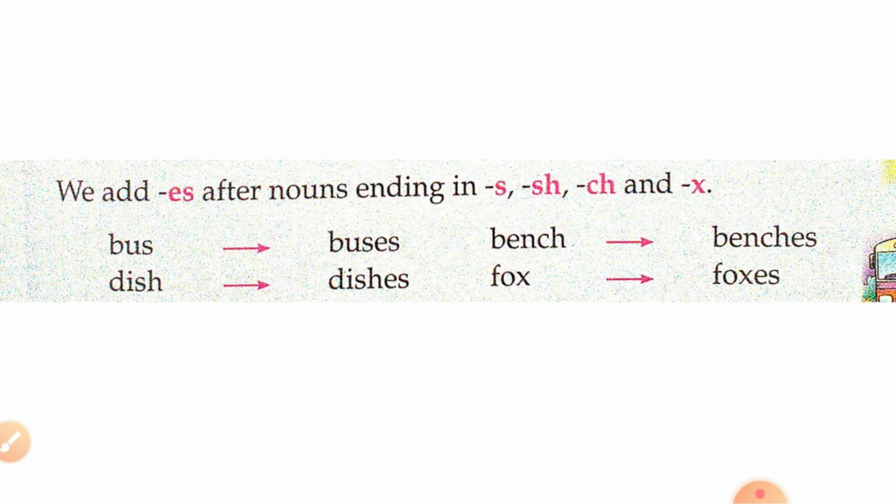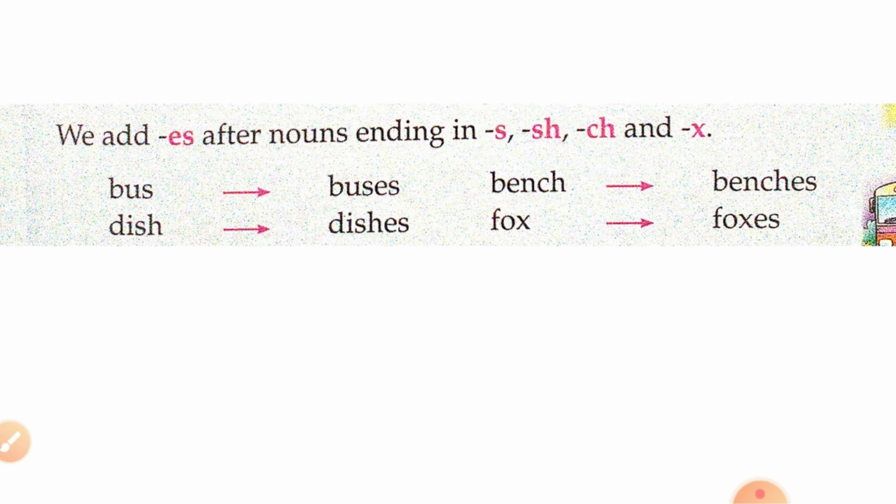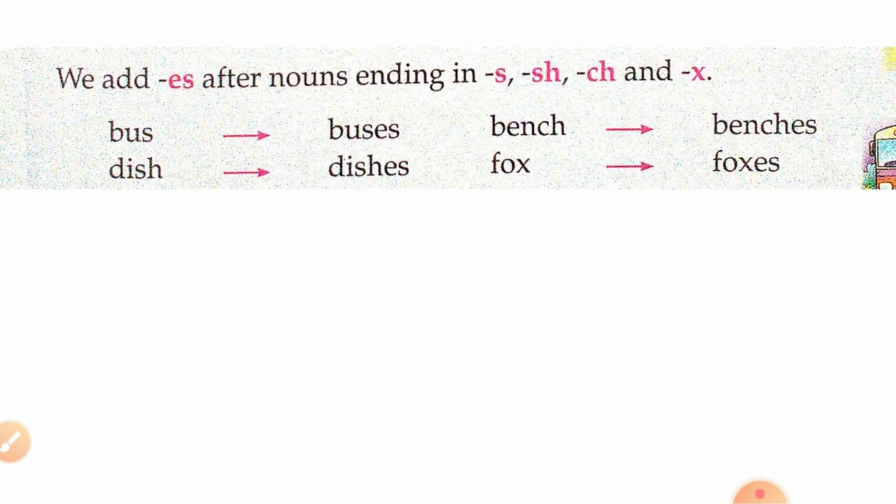This is a noun. Its last letter is s. So, you have to add es to make it plural. Bus, buses. Bench, benches. Es is added. Dish, dishes. Fox, foxes.